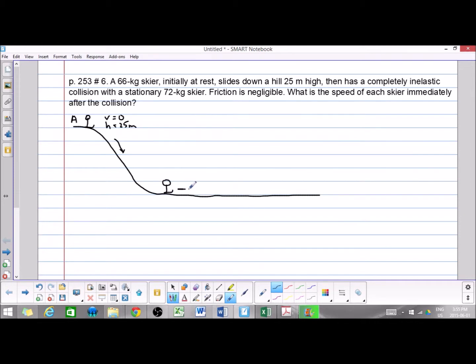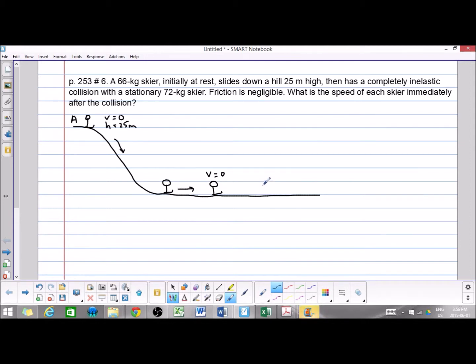And he continues along the bottom where he meets another skier. And this skier has a speed of 0 initially, but not after the first one hits him. They continue on together in a completely inelastic collision.